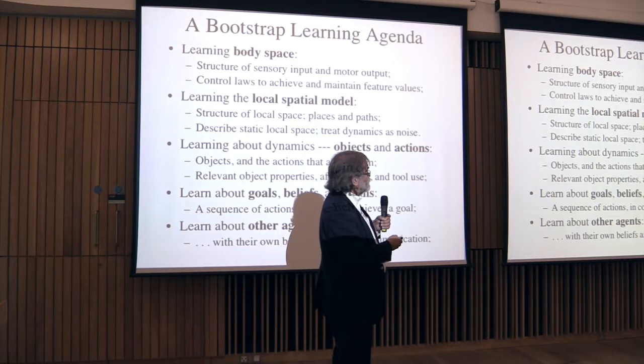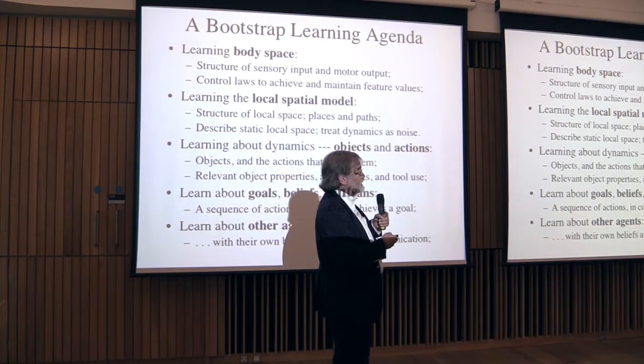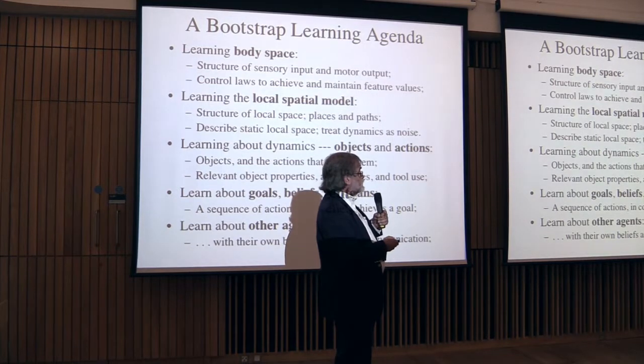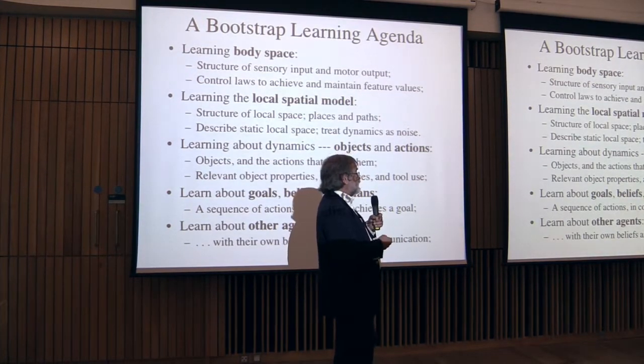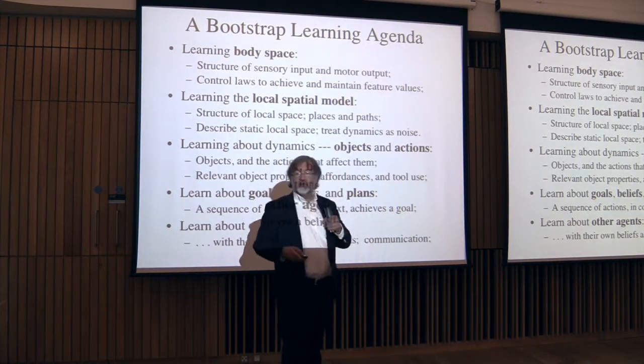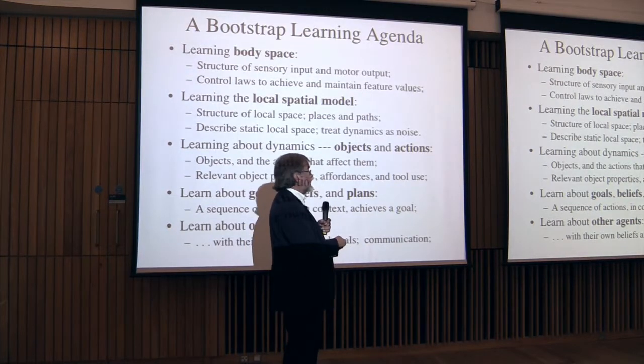It needs to learn about the structure of local space and then large-scale space. It eventually needs to learn about objects and actions and relevant properties, affordances, eventually tool use.